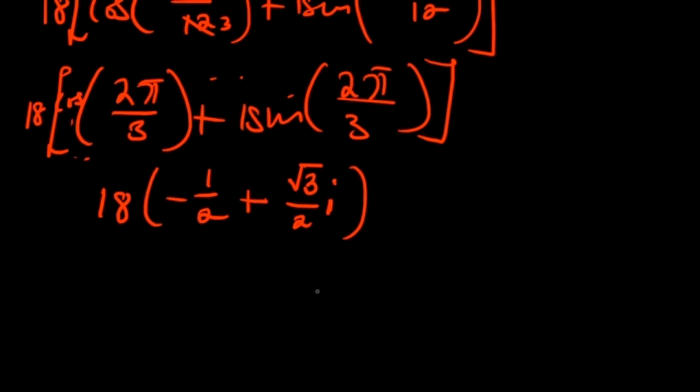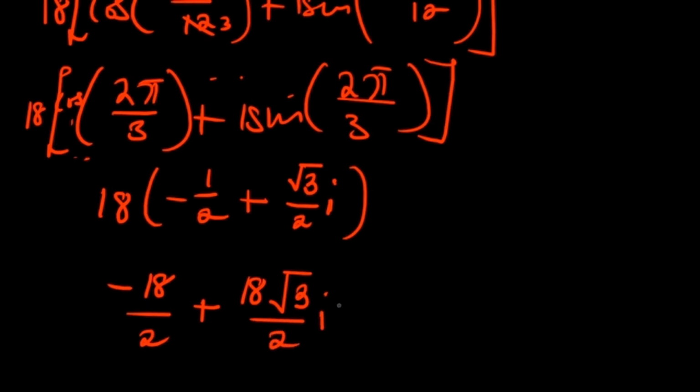So let's continue. We now have to distribute the 18 across. So 18 times negative 1 will give us negative 18 over 2. Then plus, right here we have 18 multiplied by root 3 will give us 18 root 3 over 2, and then you have an I.